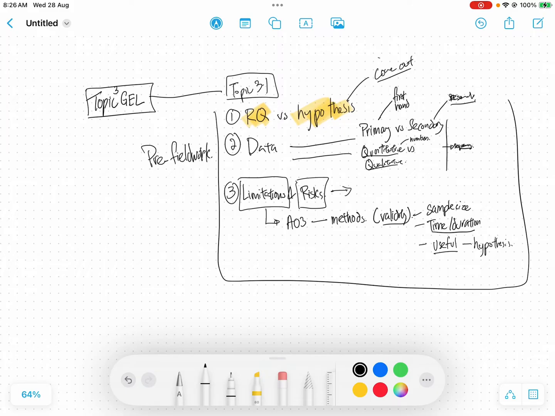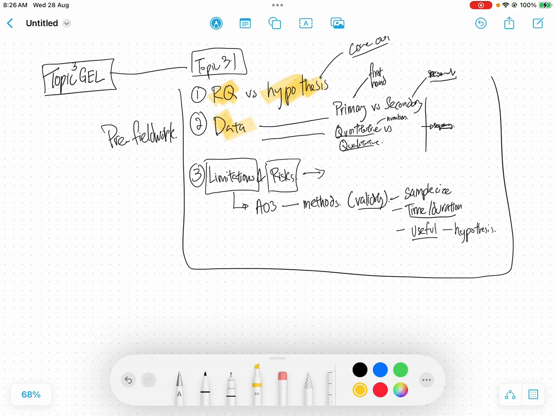Secondly, for data, it is a very brief summary of the data that's being involved. So there is primary and secondary, and they may test you on examples of primary data that can be collected in accordance with the context of the question given.